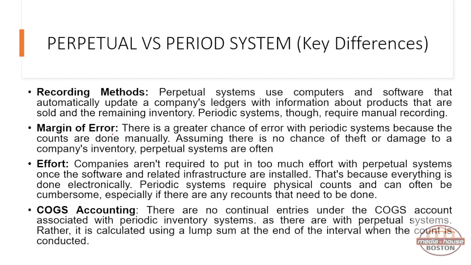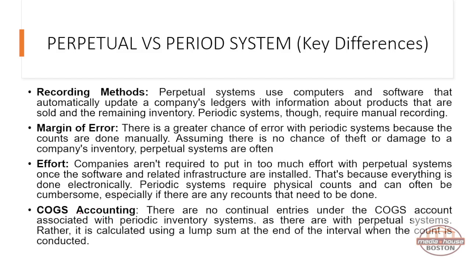Then the margin of error: there is a greater chance of error when periodic is used compared to when perpetual is used, because perpetual keeps you updated. Effort: companies aren't required to put in too much effort with the perpetual system once the software and related infrastructure are installed, compared to periodic, where you are required to go and do a physical stock count to see how many items are remaining, how this compares to how many you sold, and how many you actually bought within the company.